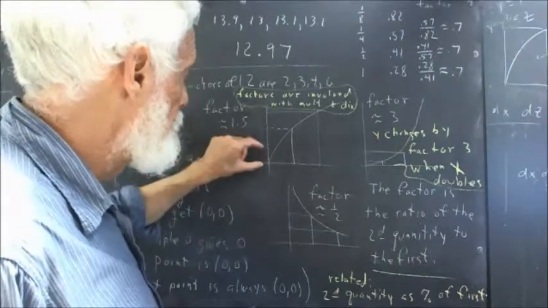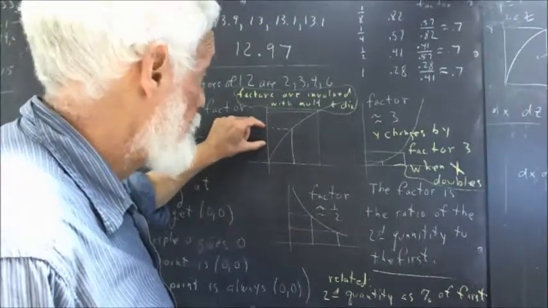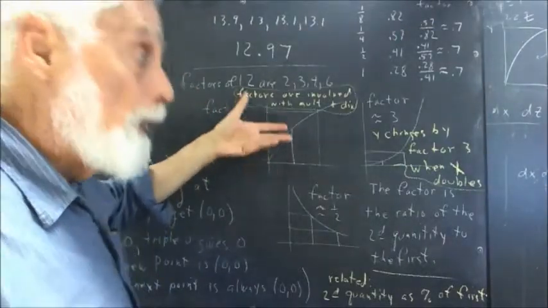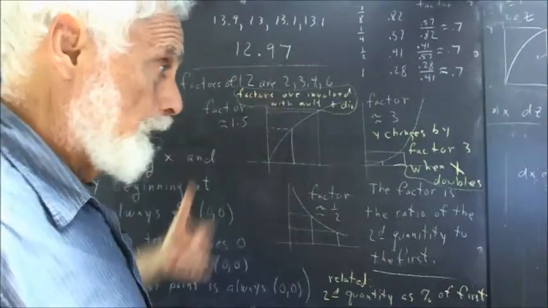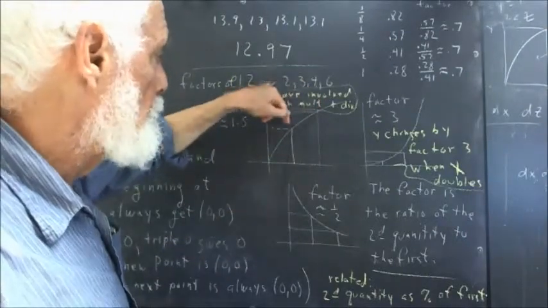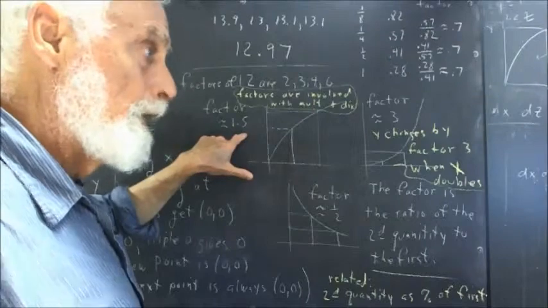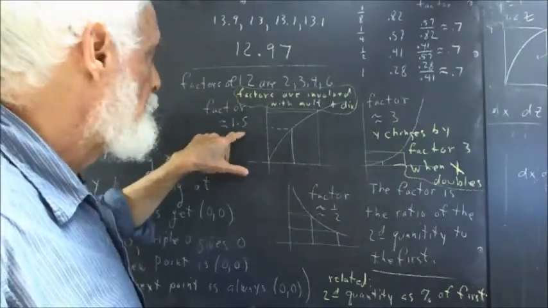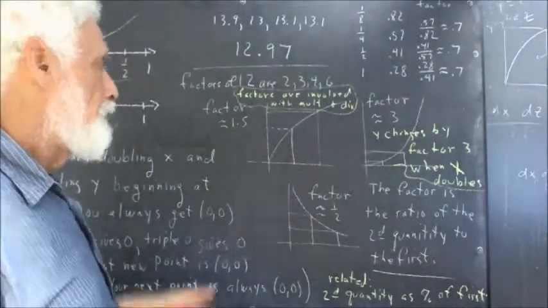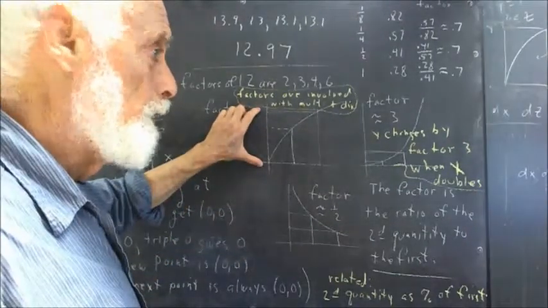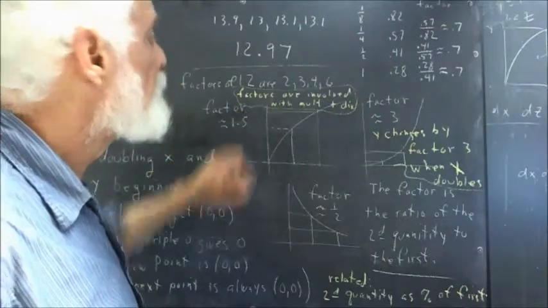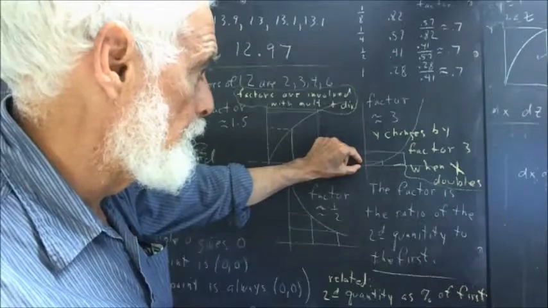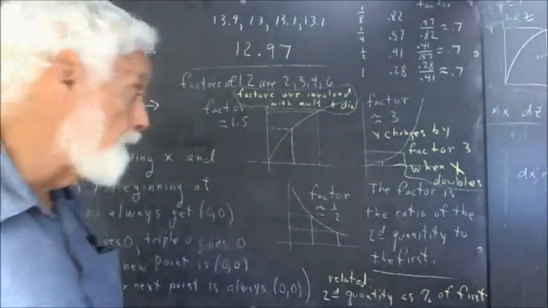This difference here appears to be right at half of this value, which means that y changed by a factor of 1/2, but the second y value is therefore 1.5 times the first y value, so that the factor is 1.5. Another way to look at this is about 150% of this. Down here, this is about 300% of this. And if you think in terms of percents, that might be helpful.